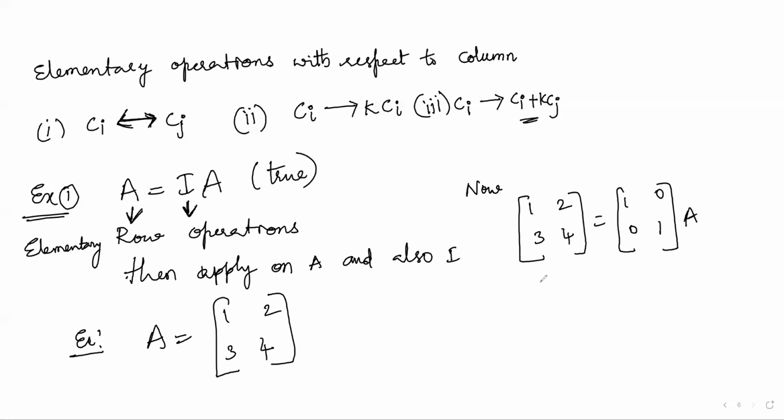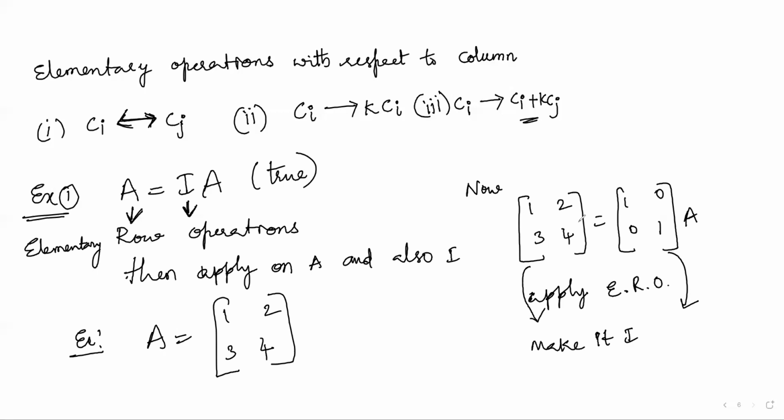Now we apply elementary row operations, and then make this I. This you should make I. Then this will be some other matrix, and that is the inverse.